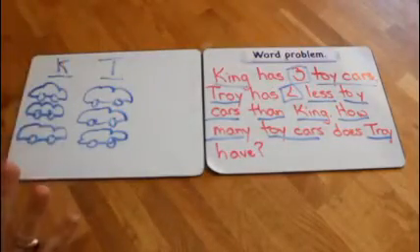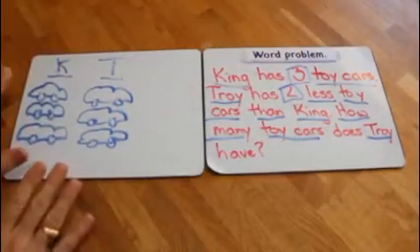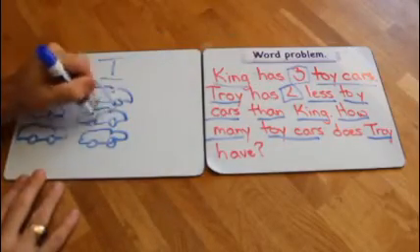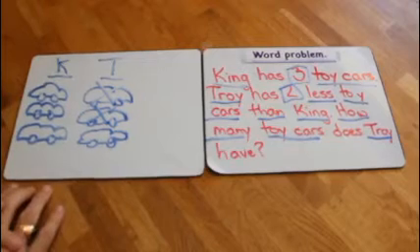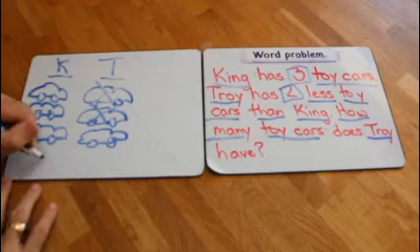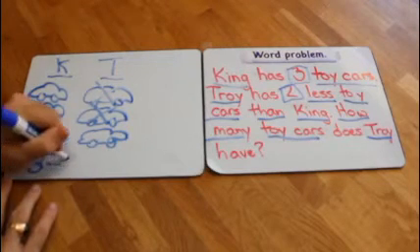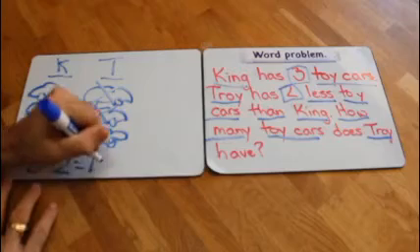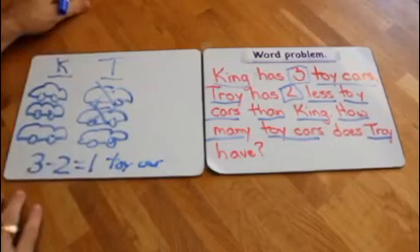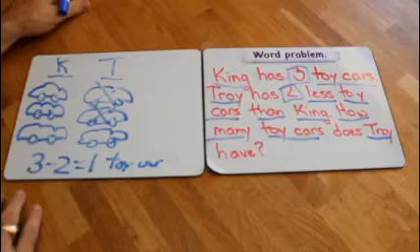So less means we have to subtract, we have to take away. Okay, so let's take away those 2 less. So there's 1, 2. How many does Troy have? Troy's got 1, but I know that King will share. How do we know Troy has 1? Because 3 minus 2 equals 1 toy car. Does it make sense? It should, boys and girls.